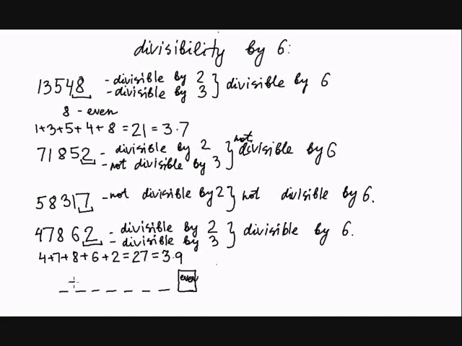And also we have to look at the sum of all the digits, and the whole sum has to be divisible by 3. So if you have a number with a sum of digits divisible by 3 and that ends with an even digit, then that number is divisible by 6.